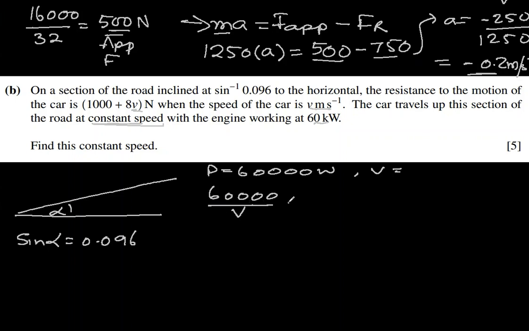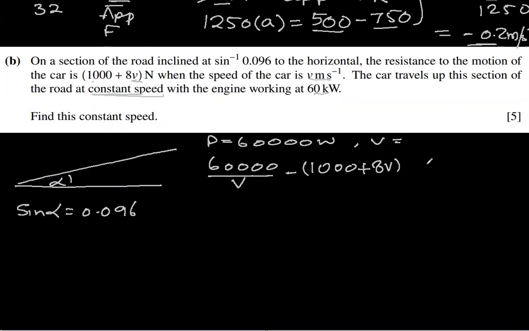That is applied force minus resistive force, which is given as 1000 plus 8V. And there will be one more resistive force because this is the car, its weight is 12,500 newtons, 10 times its mass.